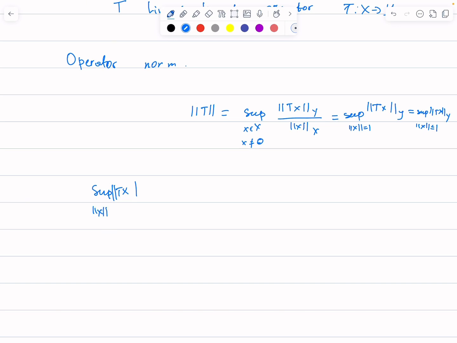When the norm of x is less than or equal to 1, we can write it like the supremum of Tx divided by the norm of x. Why can we write it like this? Because we know that 1 over the norm of x is greater than or equal to 1, we just divide by this one. So this is equal to the supremum of T of x divided by the norm of x.